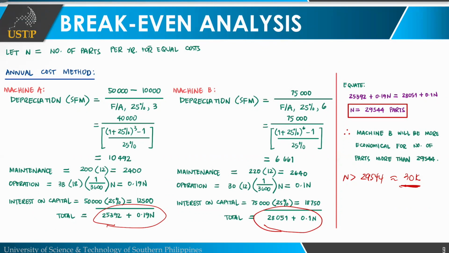Okay? So, you can also assume 40K parts produced per year. See which costs more. So, again, just input it there, whichever is smaller, then that is the machine we will choose. And, actually, class, the next slide is already graphed, we can conclude that machine B will be more economical for number of parts more than 29,544.